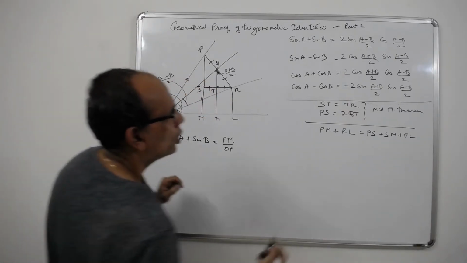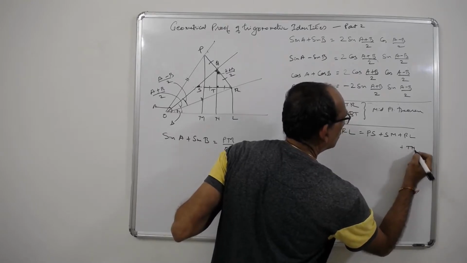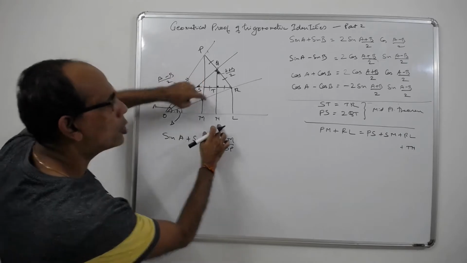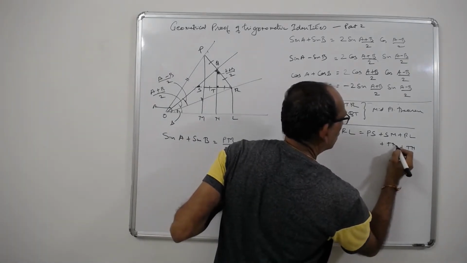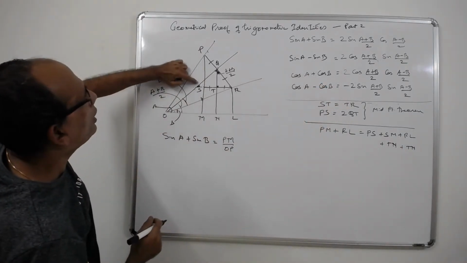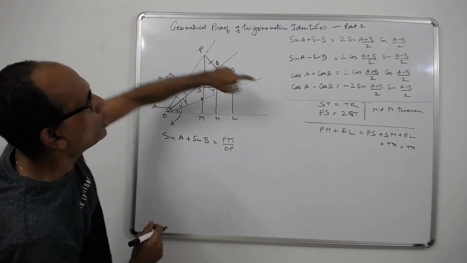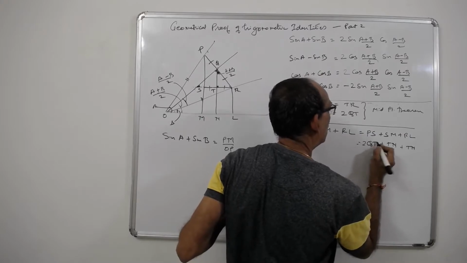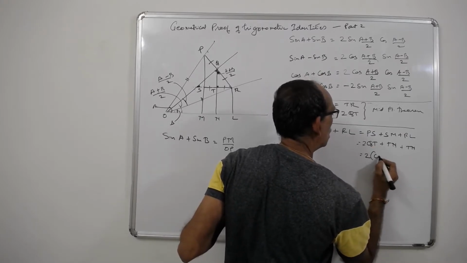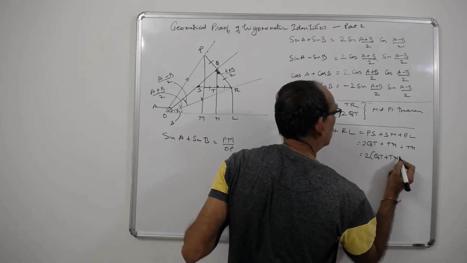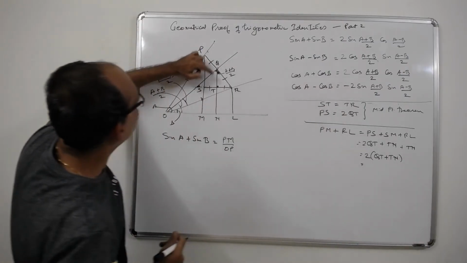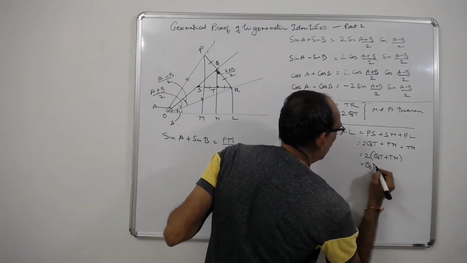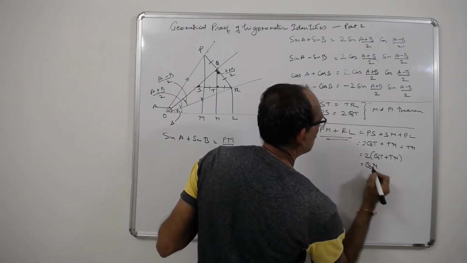So we have plus TN. SM is also equal to TN, right? So I have plus TN. What is PS? PS is equal to 2 times QT. We already know, right? So that's equal to 2 times QT plus TN. QT plus TN is nothing but QN. So we have this is equal to this.